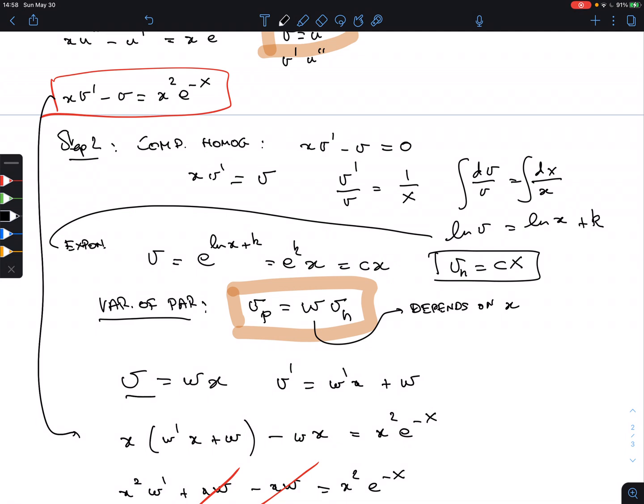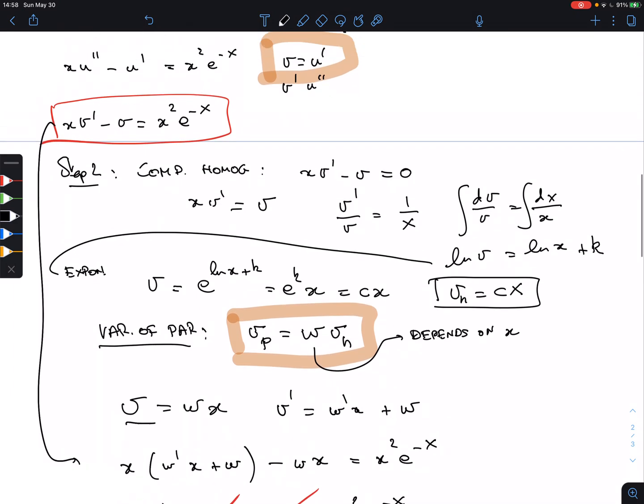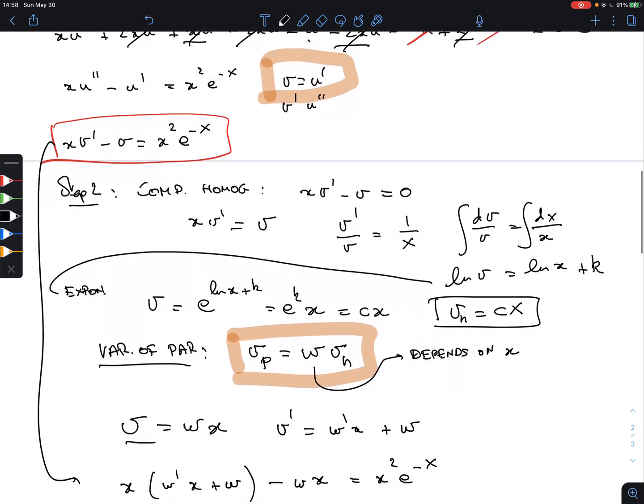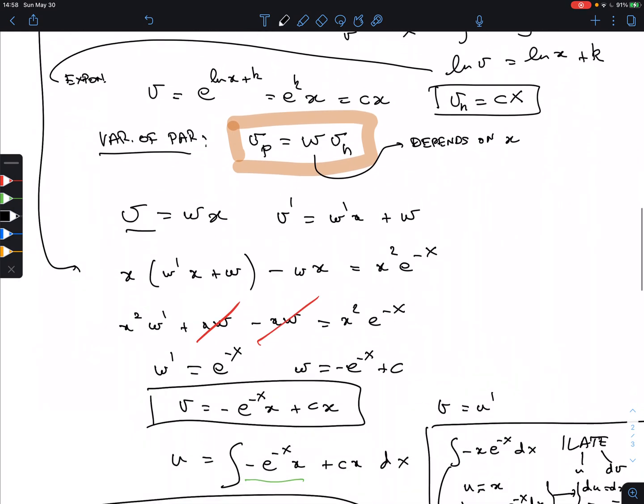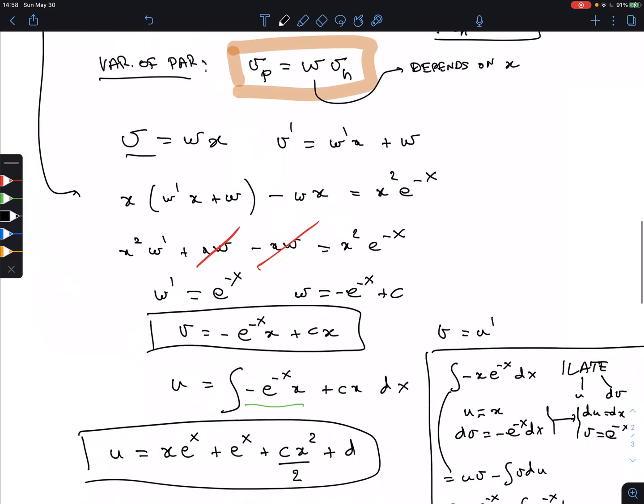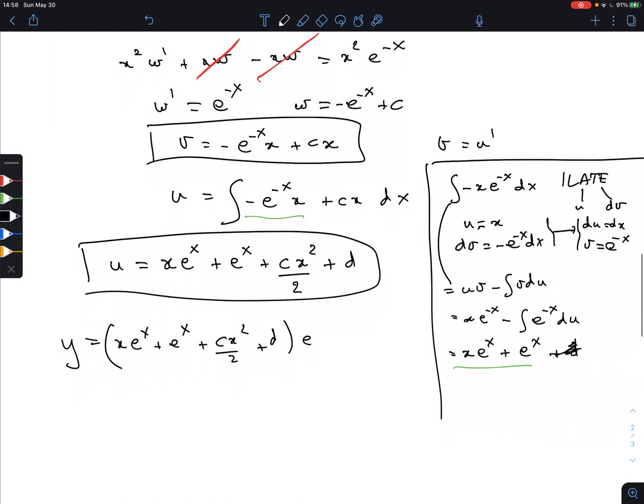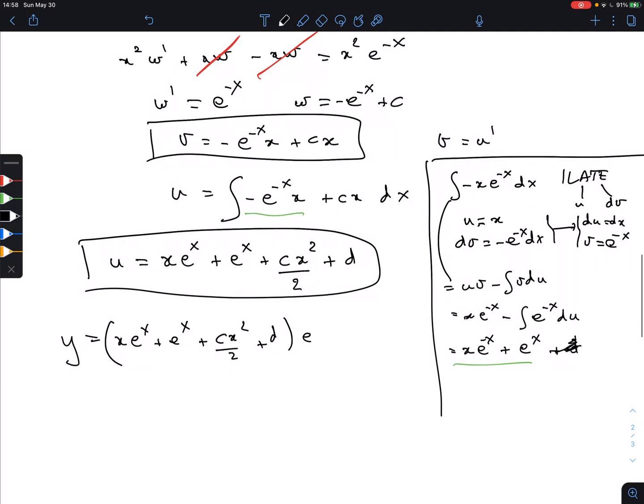No, there's something, e to the minus x. I copied this wrong. There are minus signs here, those guys have minus signs.